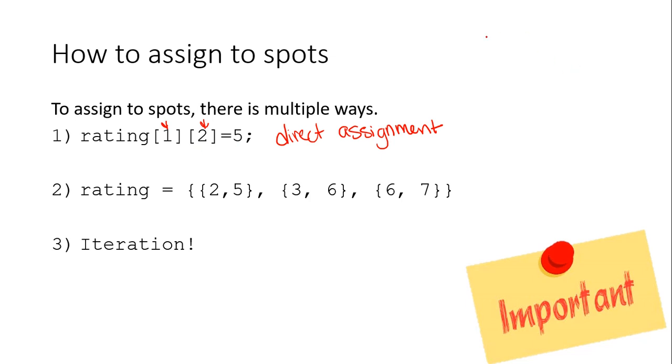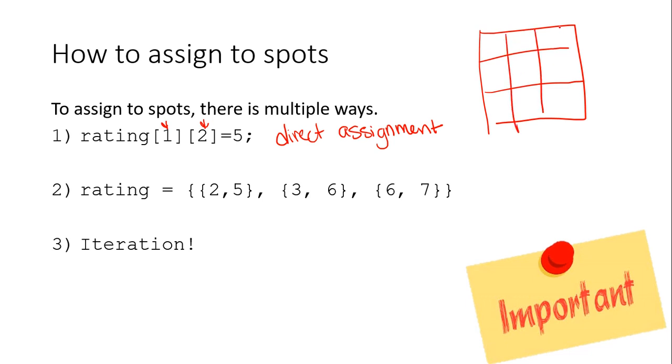So if I was doing my array here, and I have, we don't know how many rows, let's go that many rows by this many columns, okay? Row 1, column 2, 0, 1, 2 would have a 5 placed in it. Okay, so that's what that first ability would be for your direct assignment.